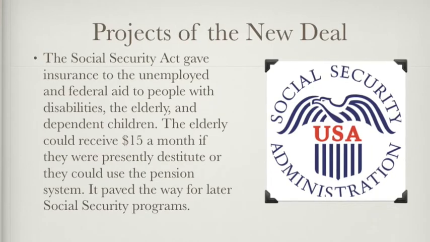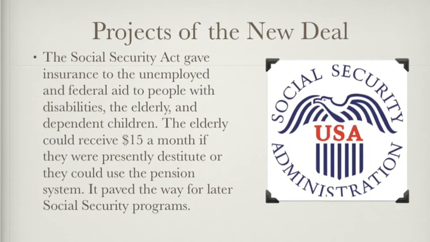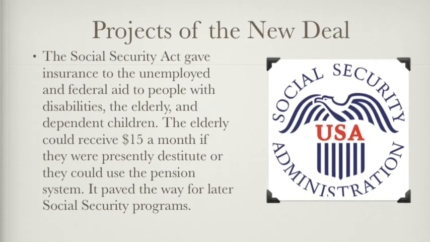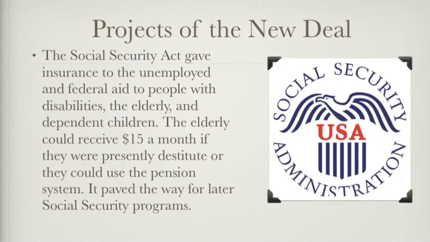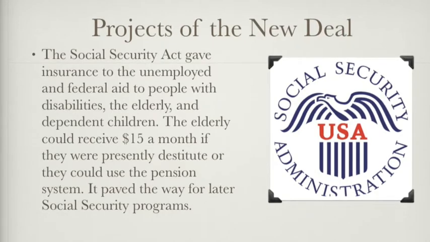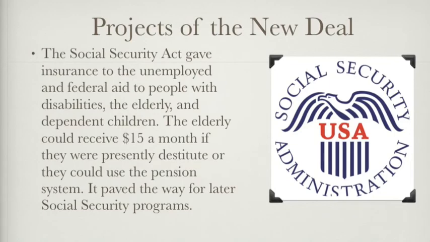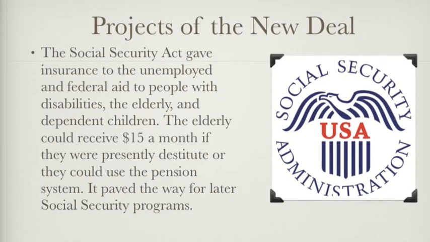The pension system was a system in which employers would, through a payroll tax where they would withhold money from their employees' salary, contribute to their employees' retirement income. Although the Social Security Act excluded large categories of workers, such as domestic servants and agricultural laborers, it paved the way for later Social Security programs.